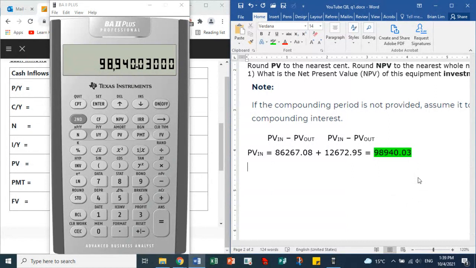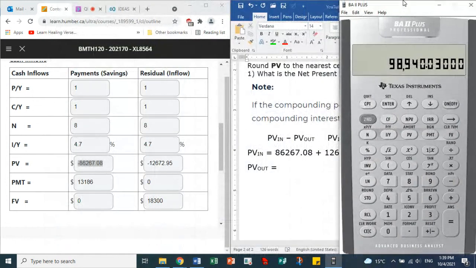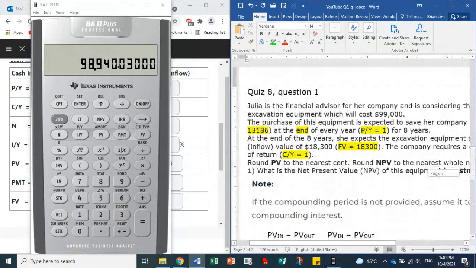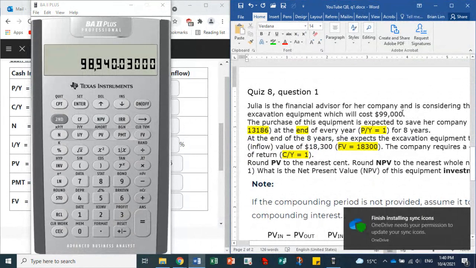Okay, the present value out, all right, is equal to what? Well, if we go back up here, all right, the present value out is the number right here, this 99,000.